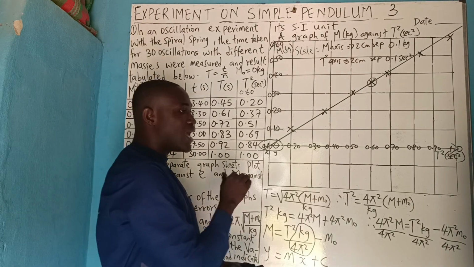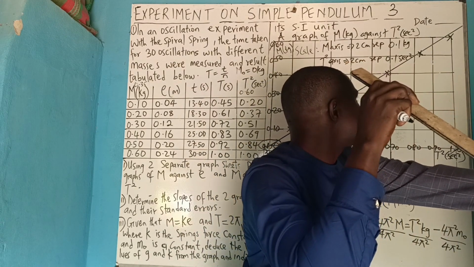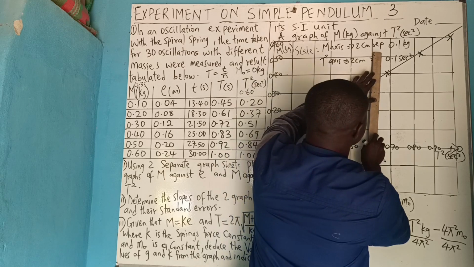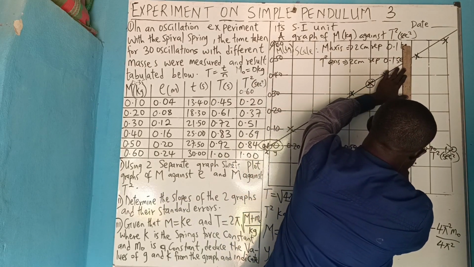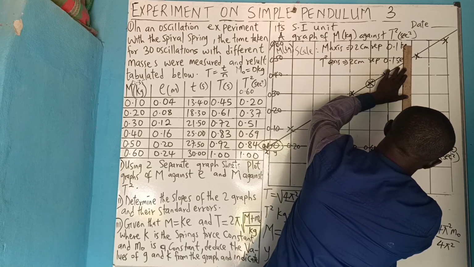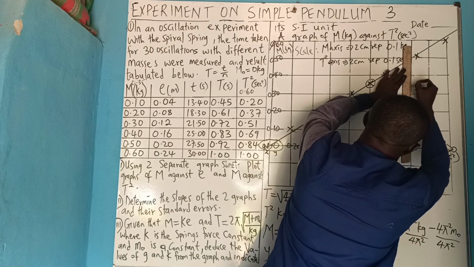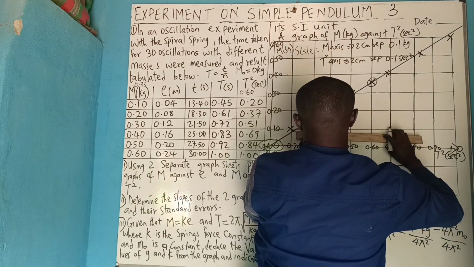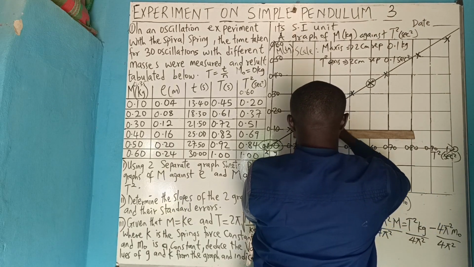Then to get the slope of this graph, let's get it. You can trace it like this, to this point, then trace it to this point.